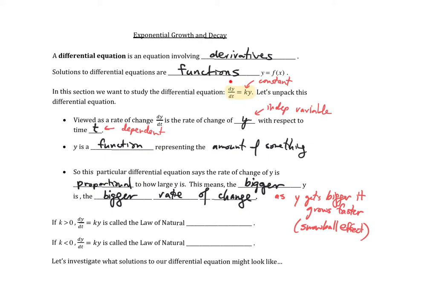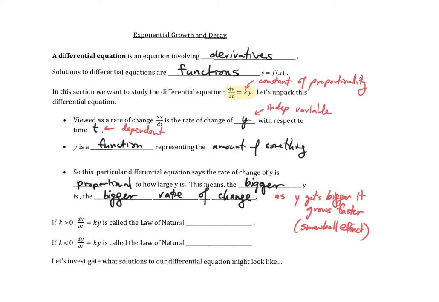We know, okay, the rate of change is proportional to the size of the function. And this constant k is what we call a constant of proportionality. So let's investigate what happens for different values of k.